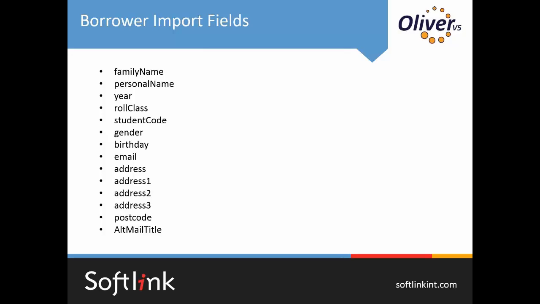The student code, or what we would have as our student code in Oliver, is usually the admission number, or it can be the UPN. And what this is used for is a reference point, so we can update existing Oliver borrowers with information from the admin system.